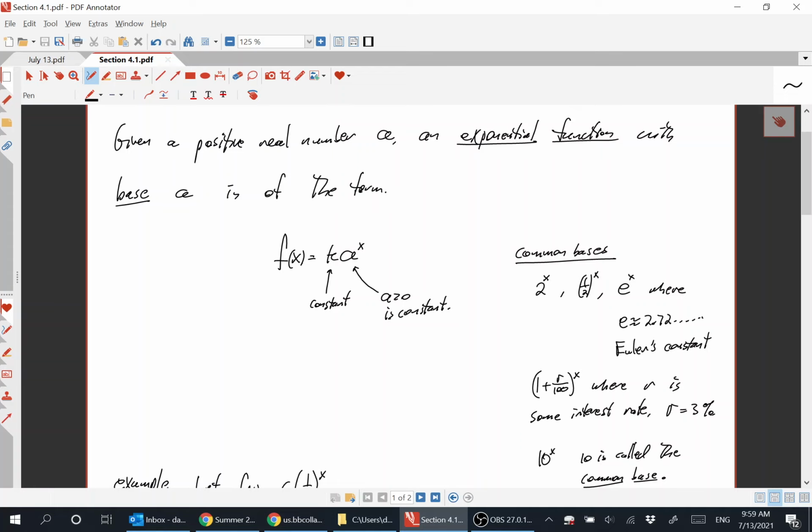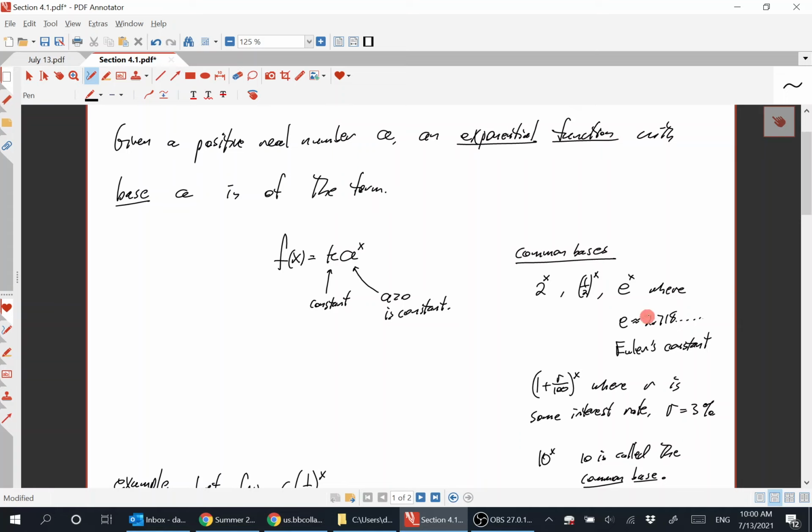And then there's this number e that's often used as a base. And e is this special number called Euler's constant. The significance of e comes from calculus, and you'll see why that number is special.